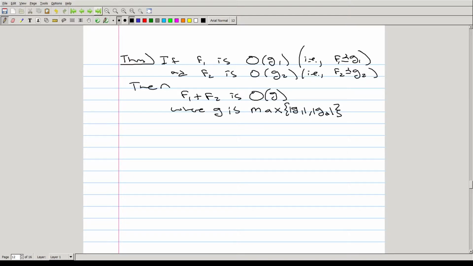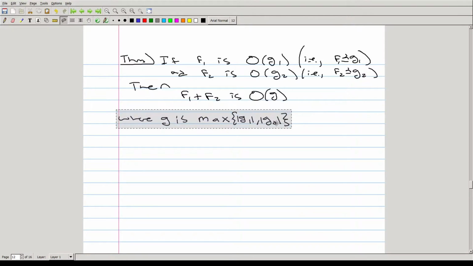And this also means in our other notation, the Hardy notation, that f1 plus f2 is dominated above by g.